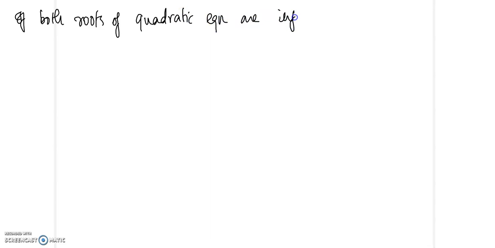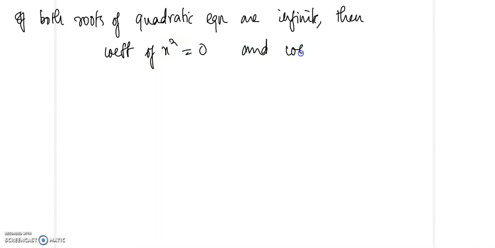So if both roots of the quadratic equation are infinite, then the coefficient of x square is equal to 0 and the coefficient of x is equal to 0.